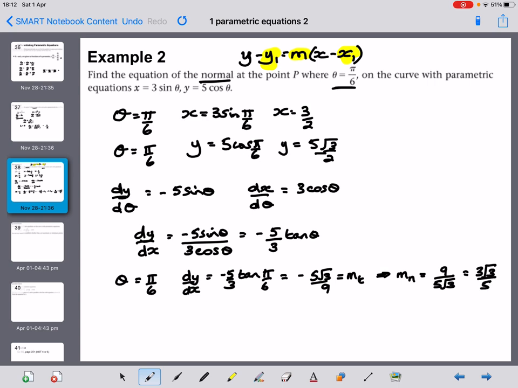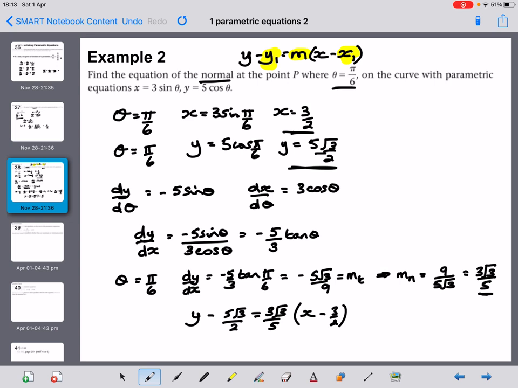And that's the gradient of the normal. Okay, you can stick it in the equation of a line. So y minus y1 is there, 5 root 3 over 2, equals m, which is here, 3 root 3 over 5, times by x minus x1, which is there, 3 halves.